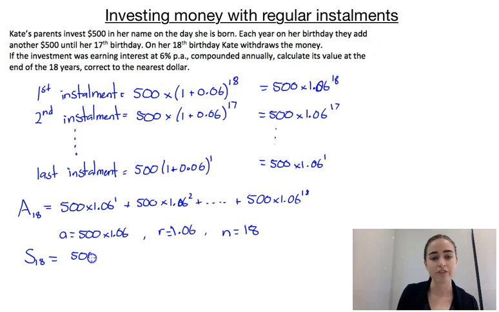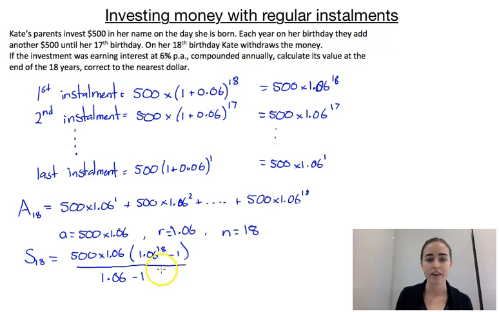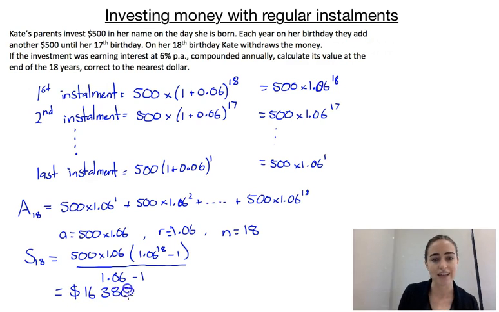We're going to have 500 times 1.06, that's our a, times r, so 1.06, to the power of n, so 18, minus 1, over 1.06 minus 1. Now, if we put all of that in your calculator and we round to the nearest dollar, we would end up with $16,380. So that is the total amount in the account on her 18th birthday.